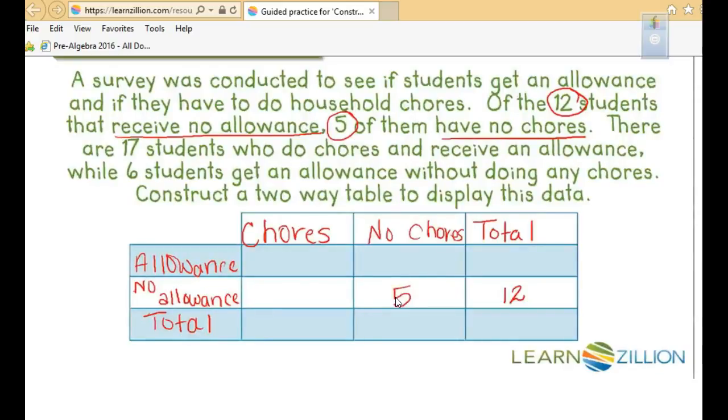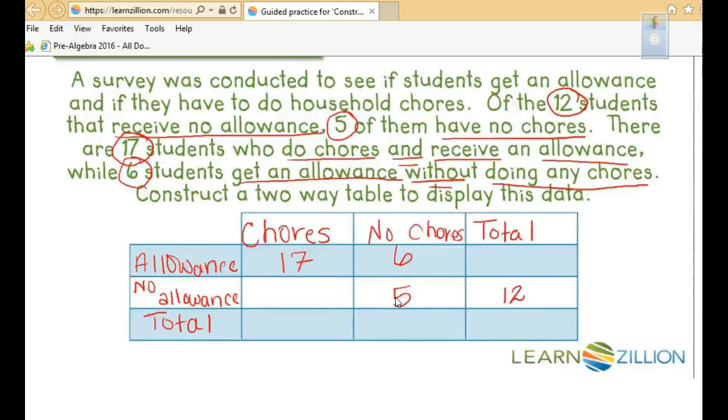That goes there. There are 4 things to fill in. 17 students who do chores and receive allowance. So this goes here. They do chores, they get an allowance. While 6 students get an allowance without doing any chores. So that means they get an allowance, but they do no chores. Construct a two-way table to display this data.